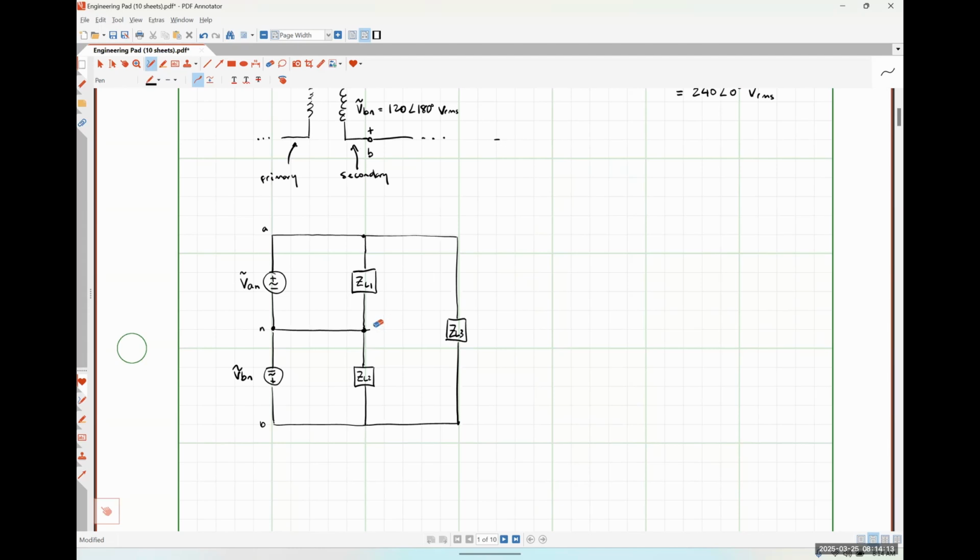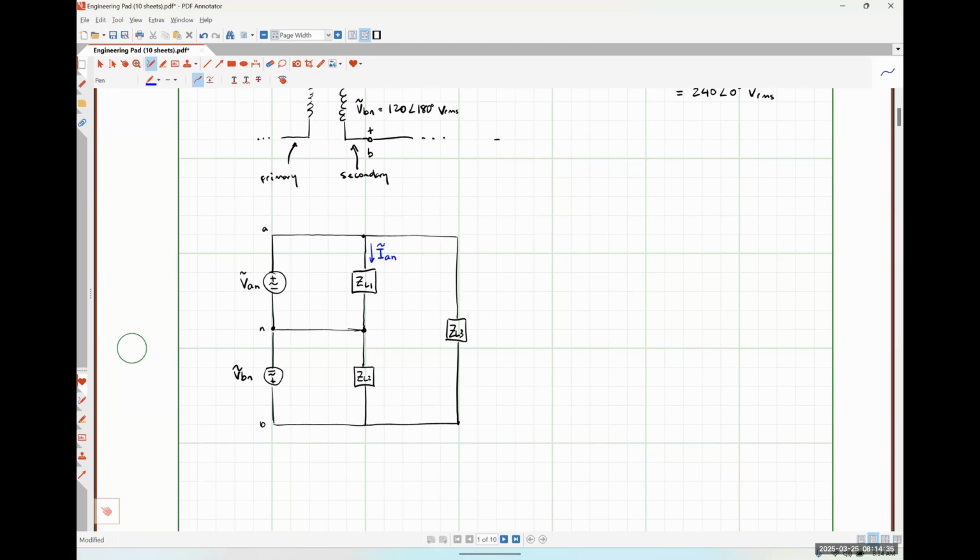So I'm going to label some currents on this diagram, and I want us to figure out what's going on. Let's call this current here IAN.